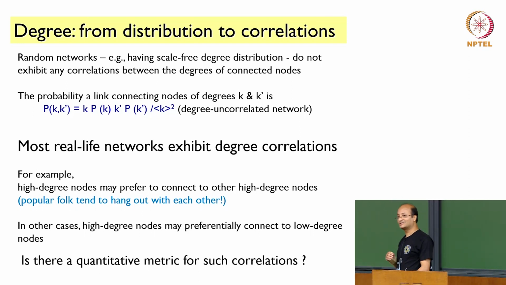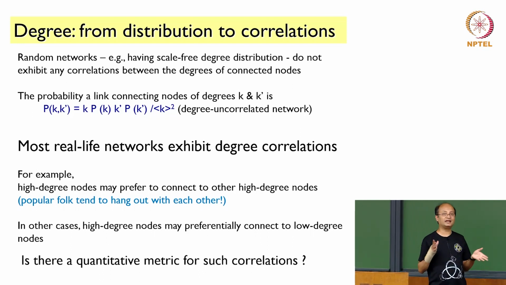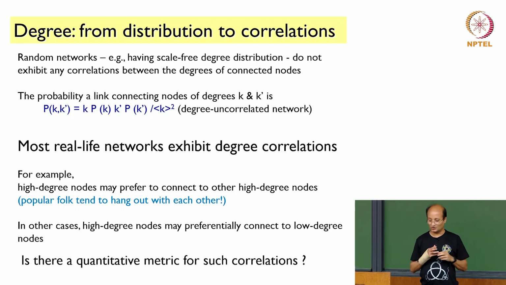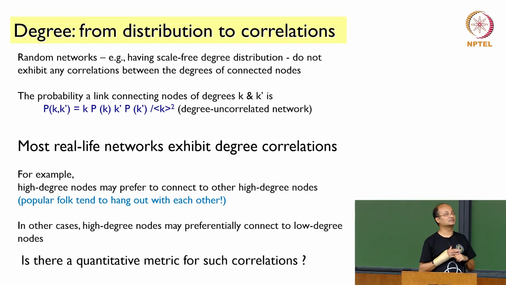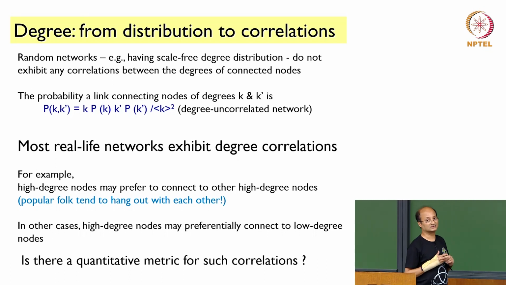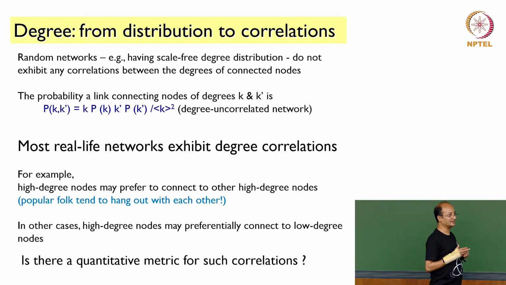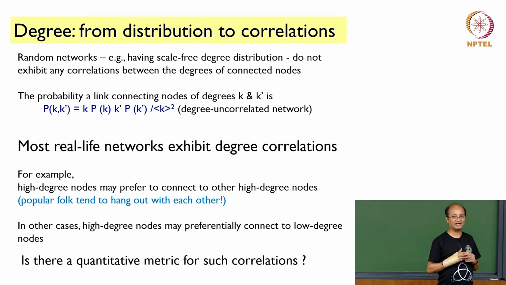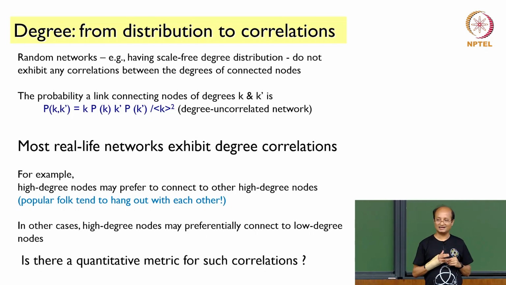But you could be interested in something beyond that. You could ask, what is the correlation of the degrees? Do high degree nodes preferentially connect to high degree nodes, or is it the opposite? In a social context, this would be like asking, do popular kids preferentially become friends with other popular kids, or is it the other way around?